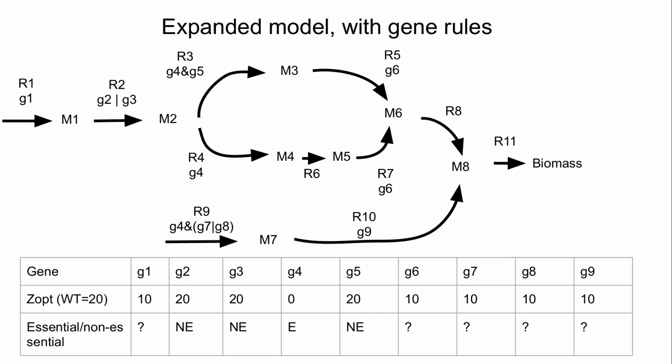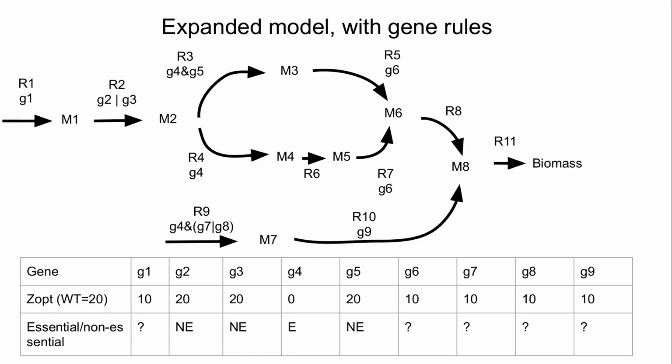Now both this lower pathway and upper pathway here have been knocked out. And that means that this entire upper half, this entire extended pathway that takes in M1 and converts it into M8, is blocked. So if we were to have any growth, we would need to get that from our lower section. But as we see here, in R9, G4 is part of a protein complex with G7 and/or G8.